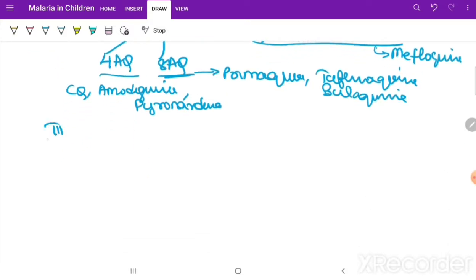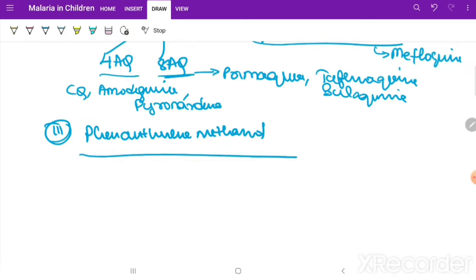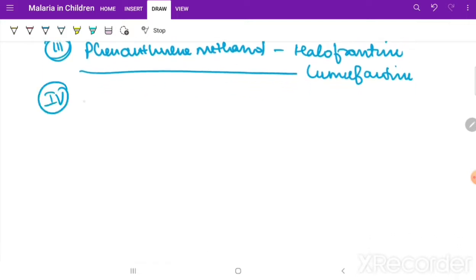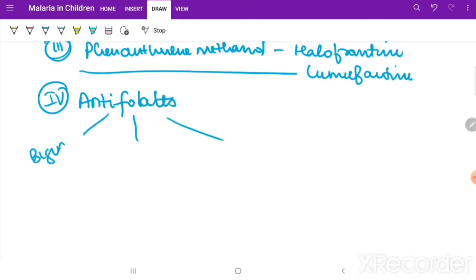Number 3 is phenanthrene methanol. In phenanthrene methanol, we have halofantrine and lumefantrine. Okay. Then number 4, we have antifolates. In antifolates also again we have 3 types. Biguanides.